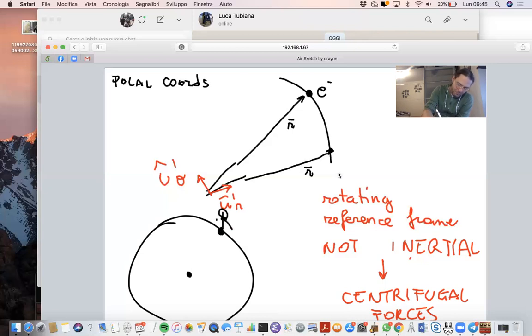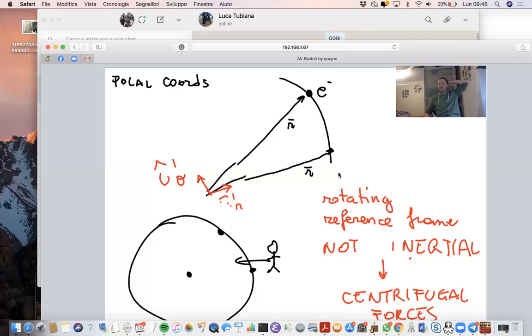Okay, I'm drawing. Really, this shows what a bad drawer I am. So let me put here my kid trying to walk towards the center of the rotating platform, hence experiencing a force that is not due to any physical body exerting the force, but is due to the fact that I'm not in an inertial frame, and these are called apparent forces, which follow from the fact that you are in a rotating frame, right?